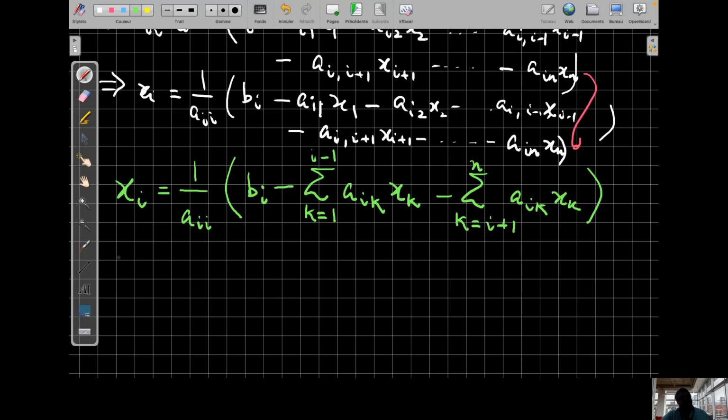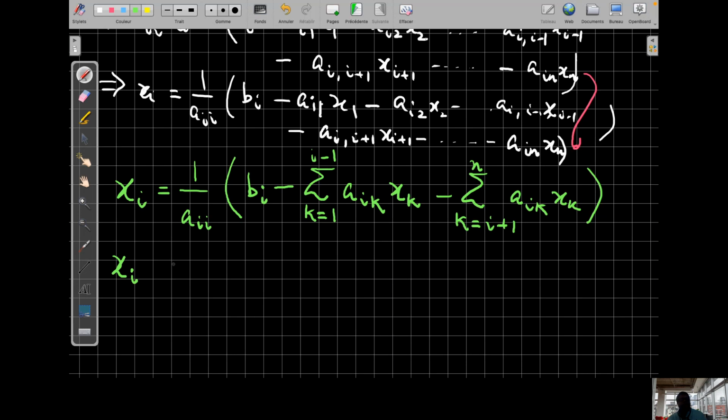So I'm going to write like this. The iteration is: I am going to calculate the current value of xi. The current value of xi is calculated from the previous value of xi and the current values of xi, both.